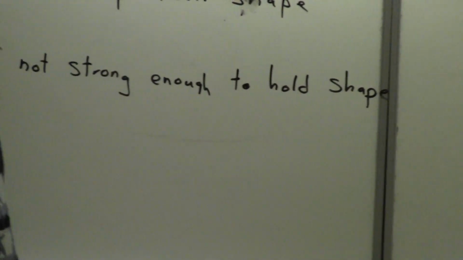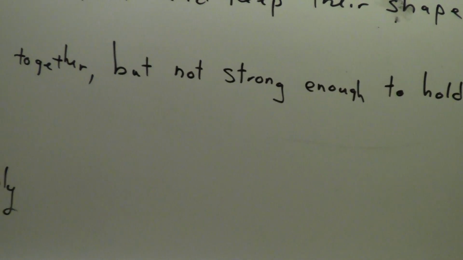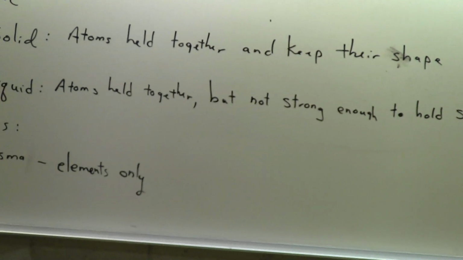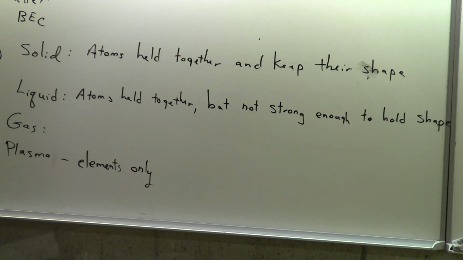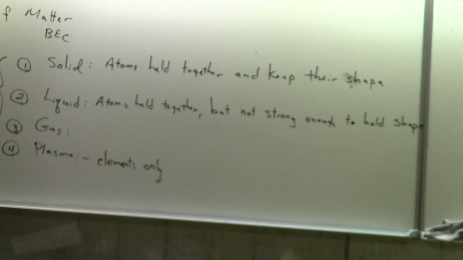And so that's why a good way to describe a liquid is you put a liquid into the container and it'll take whatever the shape is of the container. And so that's the important difference.